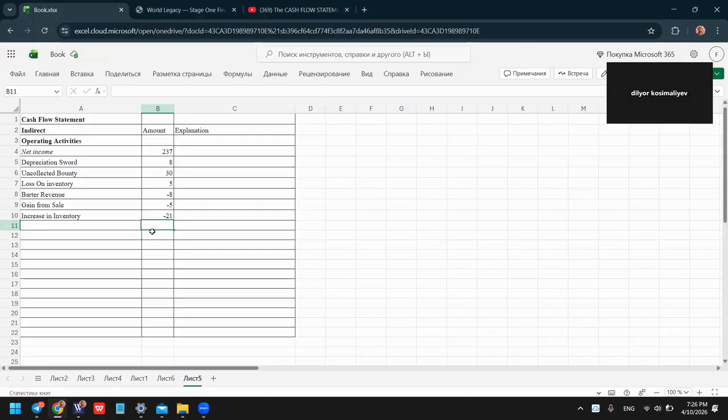But it doesn't include a cash transaction according to our main logic. So since we're separating accrued accounting from real accounting, we do the deduction here. Then what we have, the final one here.